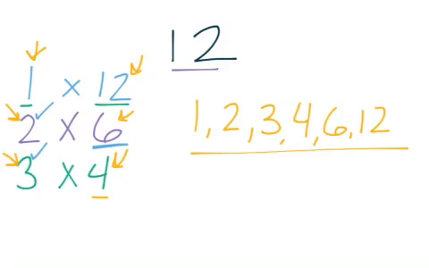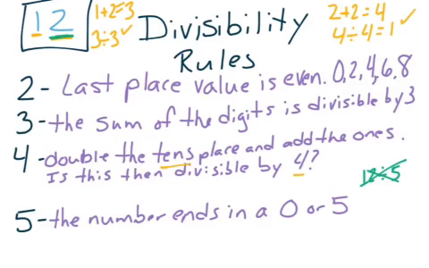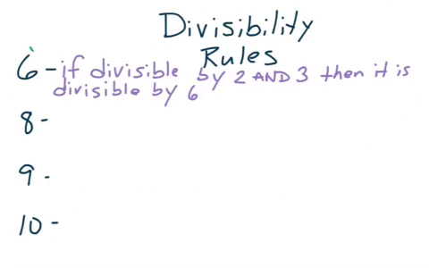It was also divisible by 6. If we looked at our divisibility rules, the last place value is even. It is. The sum of our digits is divisible by 3, and we found up top here that it was. So our number is divisible by 2 and 3, so it's also going to be divisible by 6.